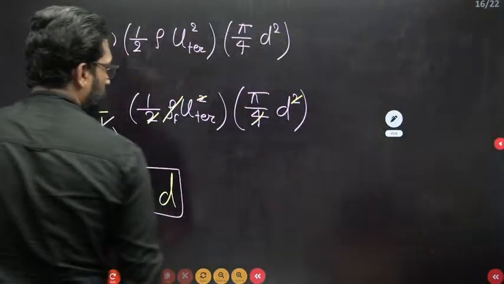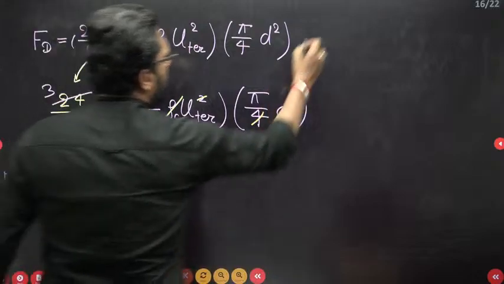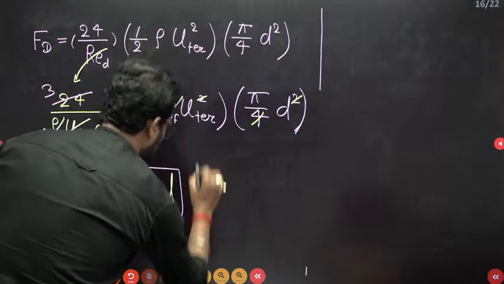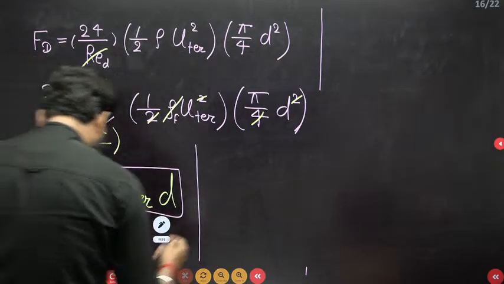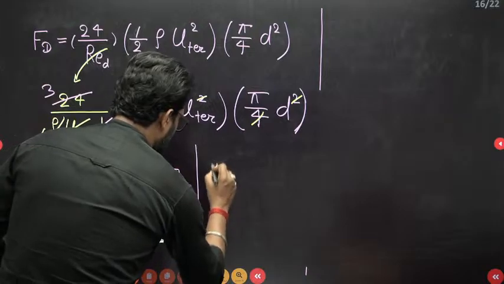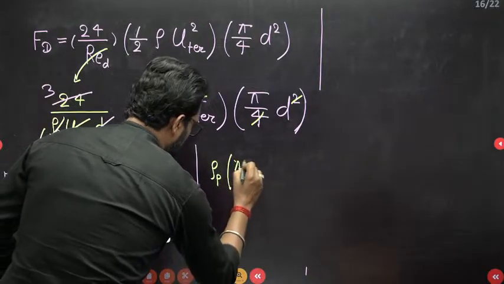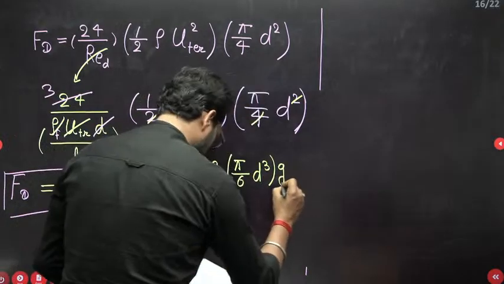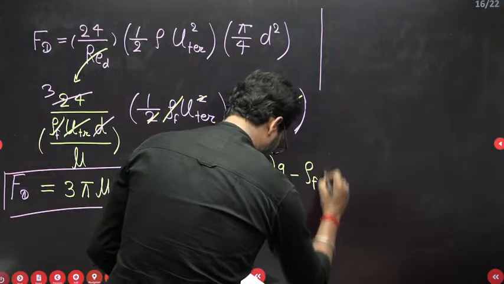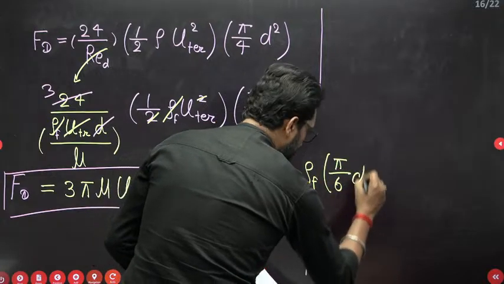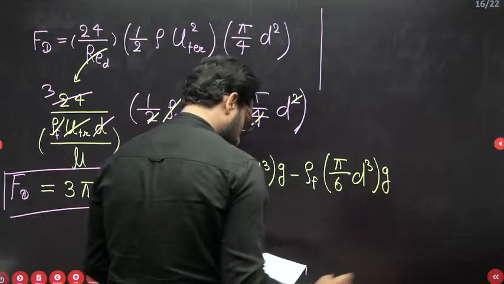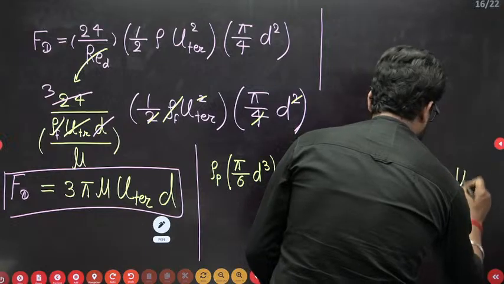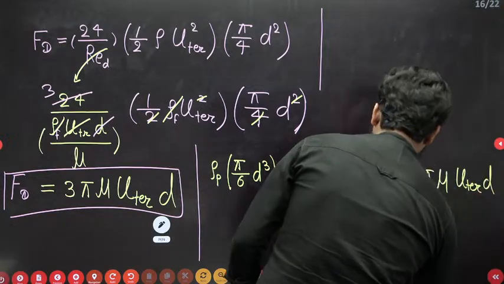So this is the proof. Now put all this value here, beta. That means first, density of the particle times pi by 6 d cube times g, minus density of the fluid times pi by 6 d cube times g, minus 3 pi mu U terminal times d, and this is 0.